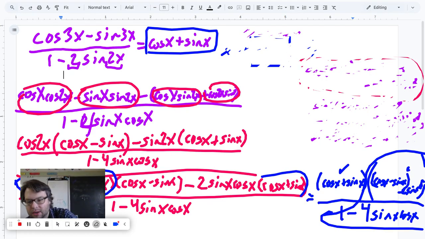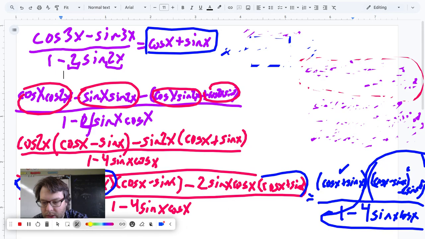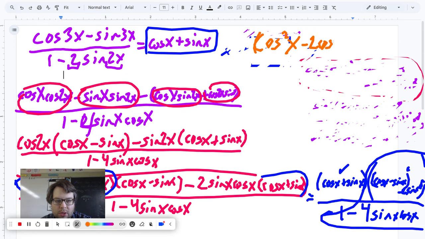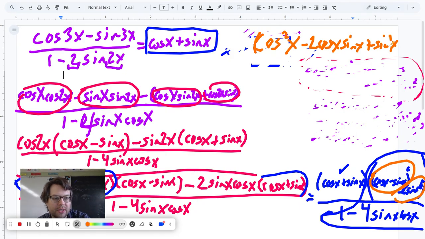I'm just going to focus on the part that is in the circled part there. So, let's choose a nice orange color. If I look at cosine minus sine squared, that becomes cosine squared x minus 2 cosine x sine x plus sine squared x. So that's this part down here. Then I also had another minus 2 cosine x sine x.